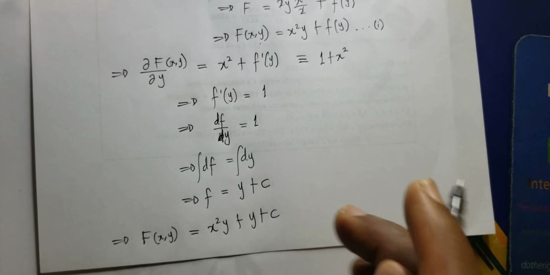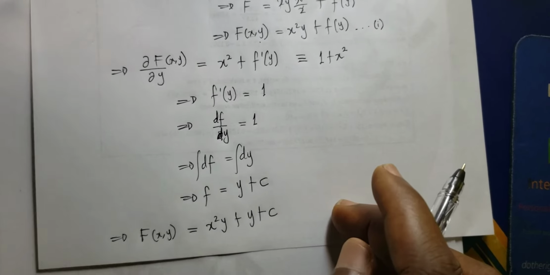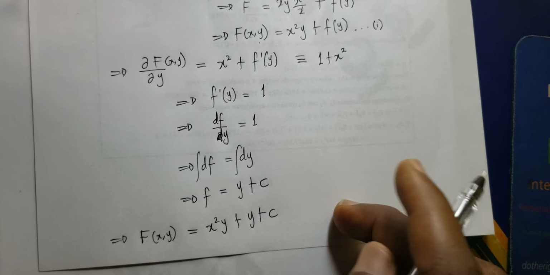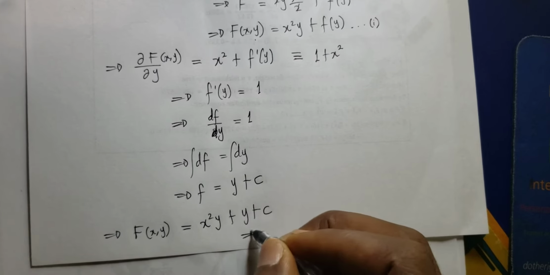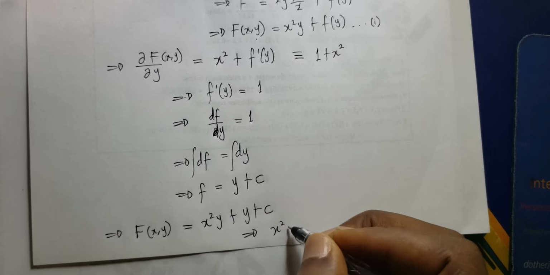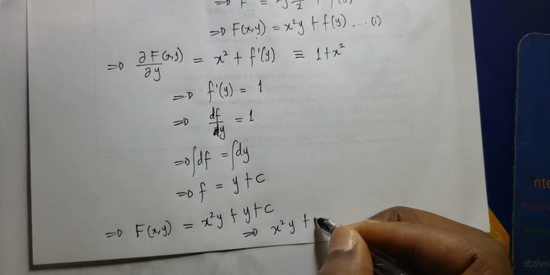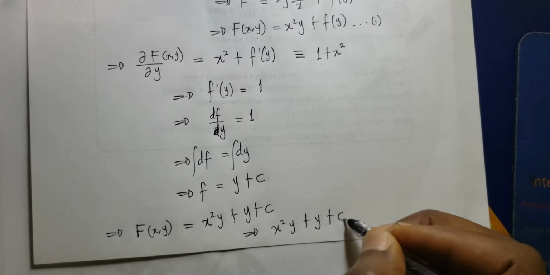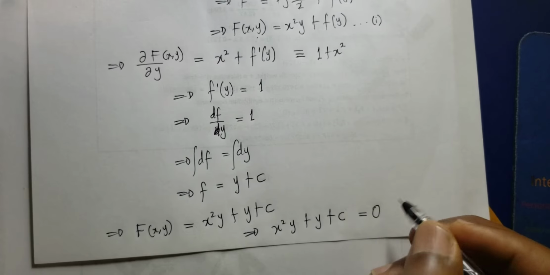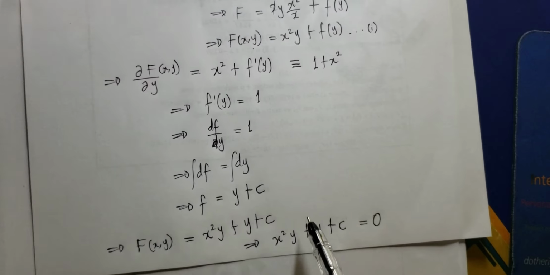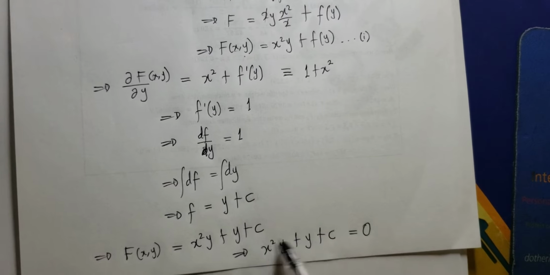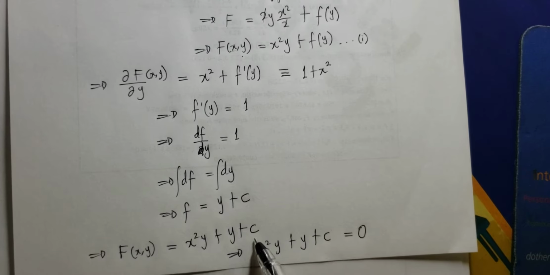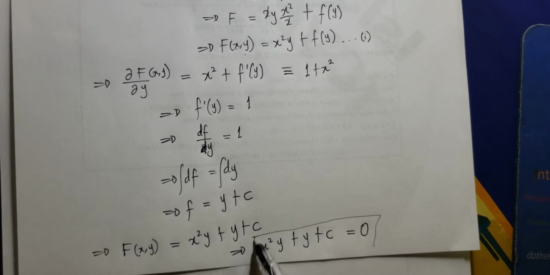So that means that at the end of the day, our solution is going to look like this. We're going to have some expression that says x squared y plus c is equal to 0. Why? If you now take the differential of this, let's examine why this is the answer.